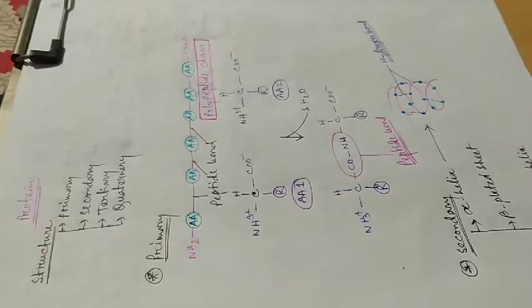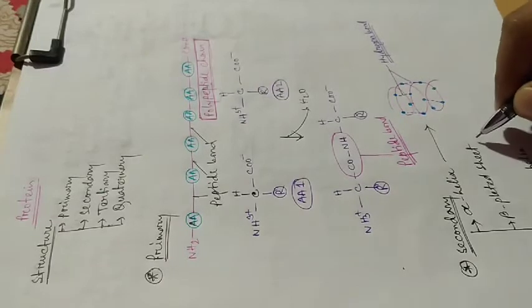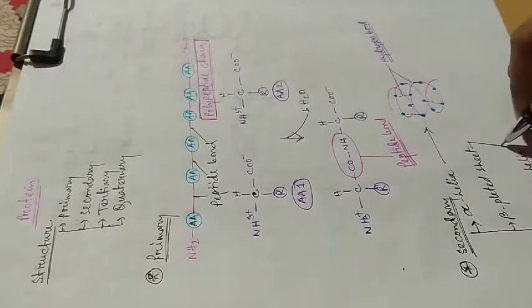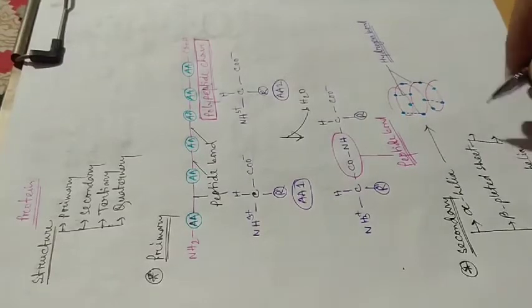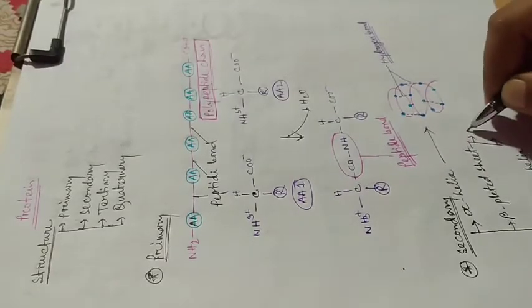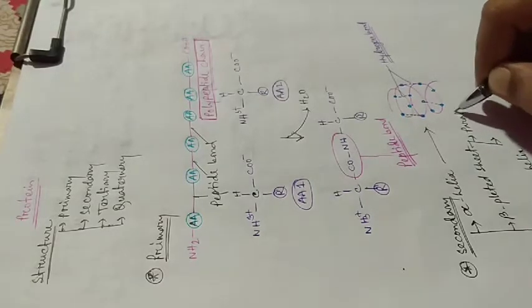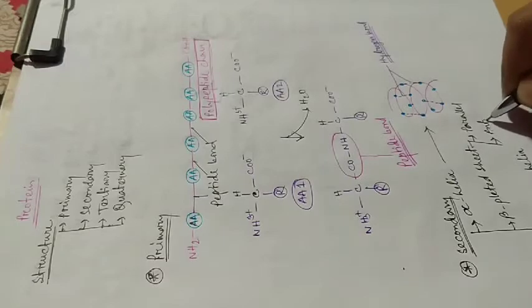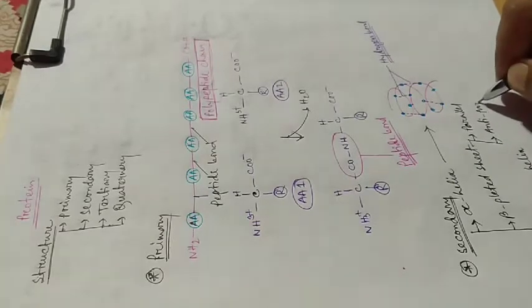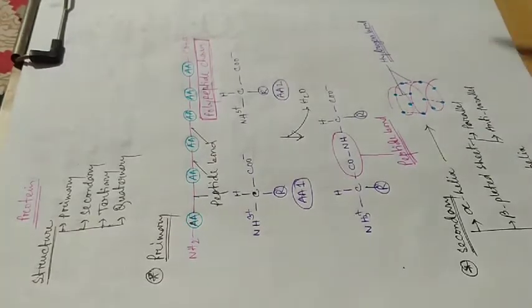Then beta pleated sheet. How does it occur? Beta pleated sheet is also classified into two groups: first parallel beta pleated sheet, and anti-parallel beta pleated sheet.